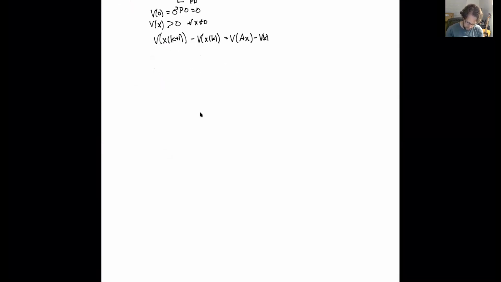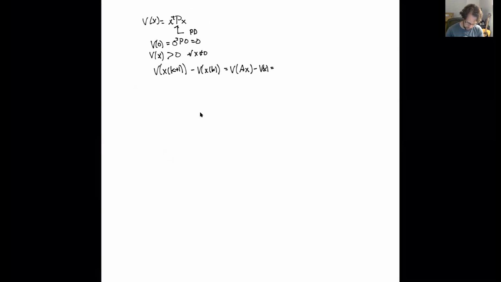And then the last thing we need to show is that the difference, V of Ax minus V of x, is decreasing. So let's do that. V of Ax, remember V is equal to x transpose P times x.